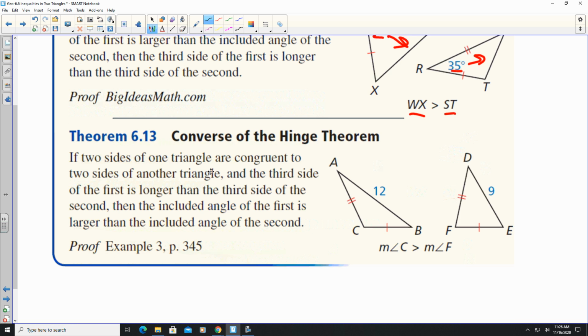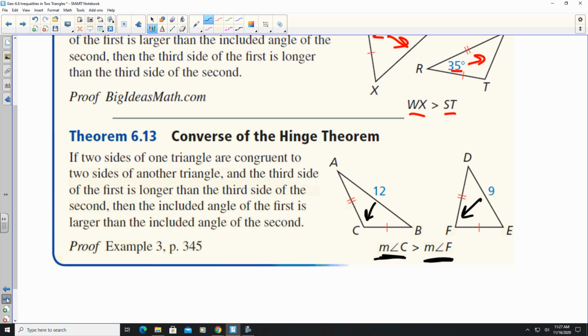Here it's saying that if you have two congruent sides, and the third is a different measurement, like it is here, AB is 12 and DE is 9, the conclusion we make is that the opposite angle is going to come into play, and since 12 is greater than 9, that means the opposite angle C is actually going to be greater than the opposite angle of F.